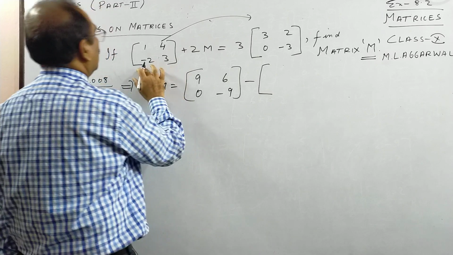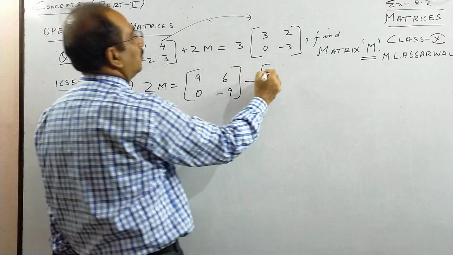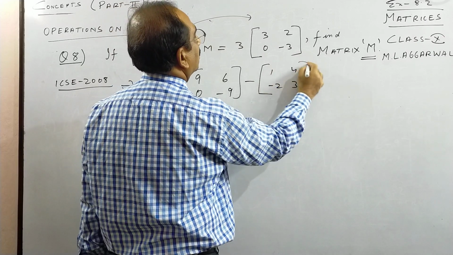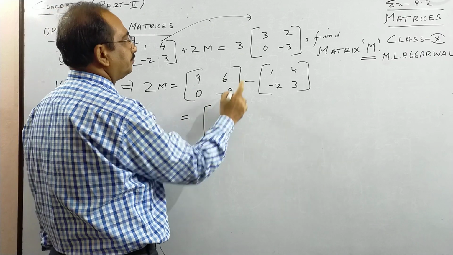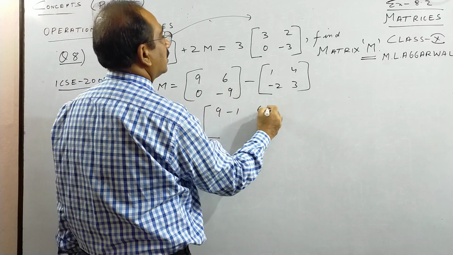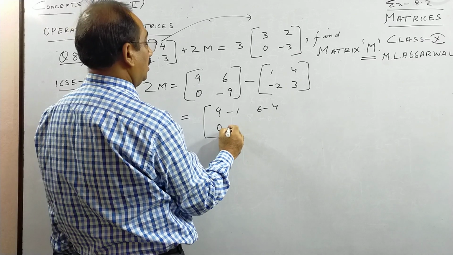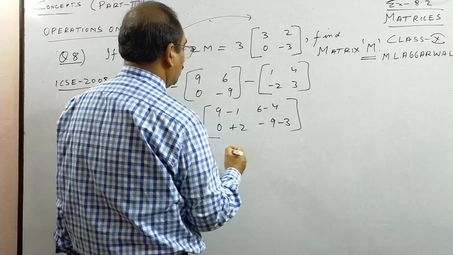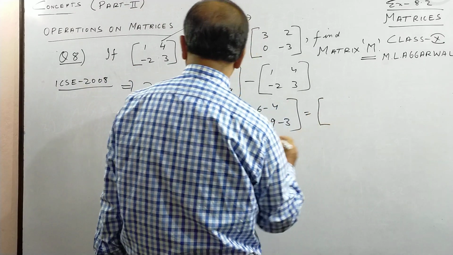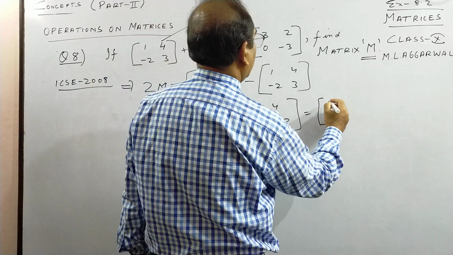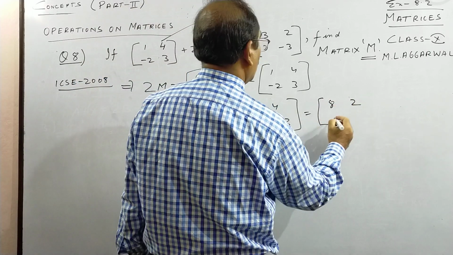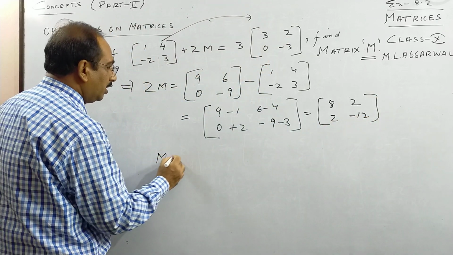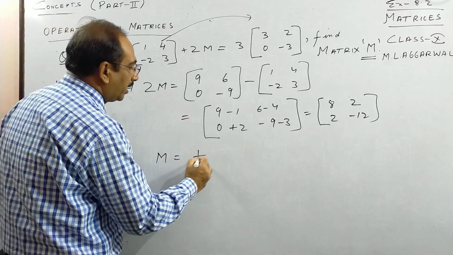This matrix will go to the other side with a minus sign, 1, 4, minus 2, 3. So we get 9 minus 1, 6 minus 4, 0 minus minus 2 plus 2, minus 9 minus 3. So what do we get? 8, 2, 2, minus 12. Once you put M here, this 2 will become half here.